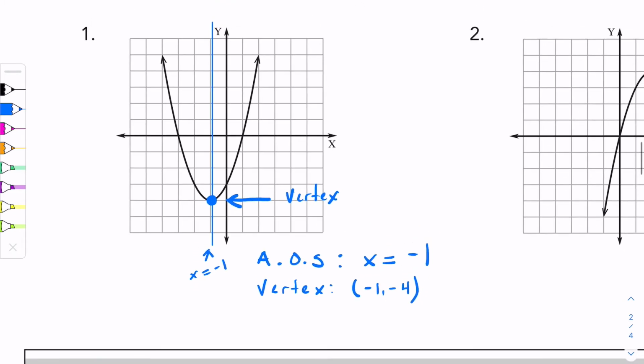We also need to label our intercepts. So let's start with our x-intercepts. X-intercepts are where the graph crosses the x-axis. Our x-intercepts occur at the point -3, 0, and also a point at 1, 0.